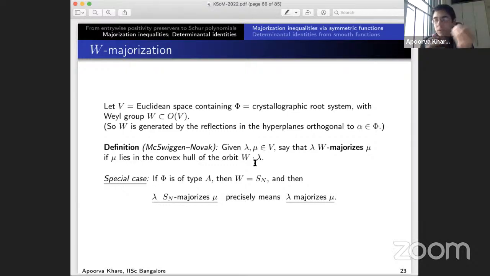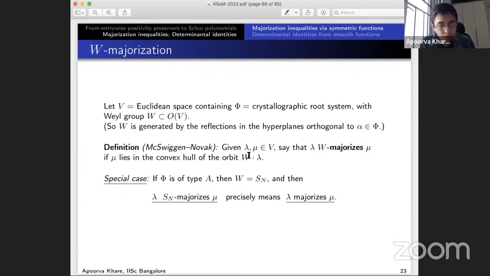So sigma of lambda over all sigma in the permutation group form a set of size n factorial or less. Take the convex hull of that, which is called a convex polytope, and lambda is said to majorize mu if and only if mu lies in that convex polytope. That is either a definition or an if-and-only-if theorem. You can prove either.